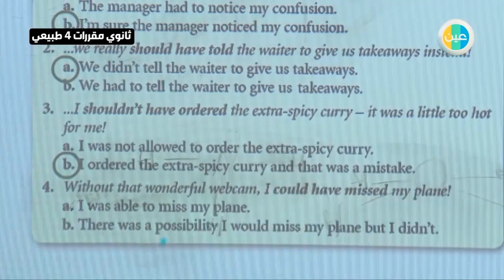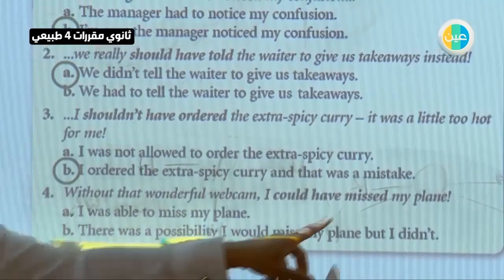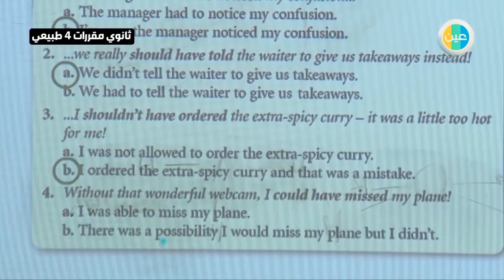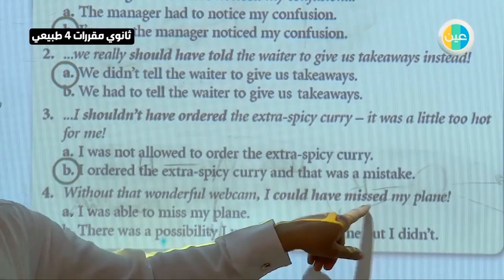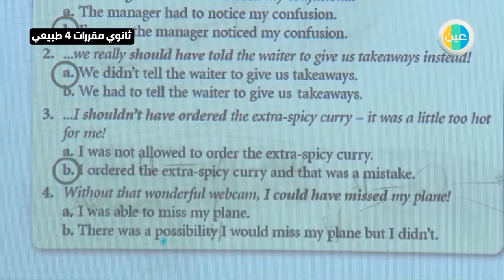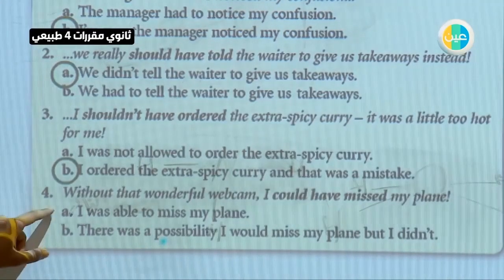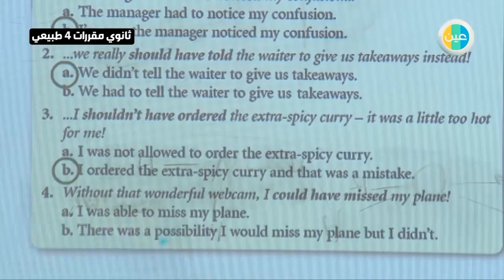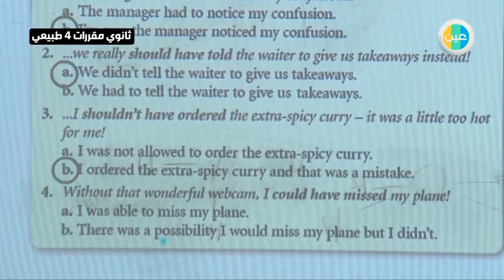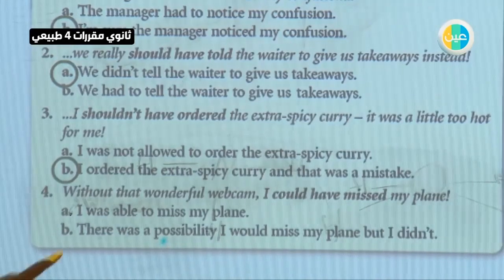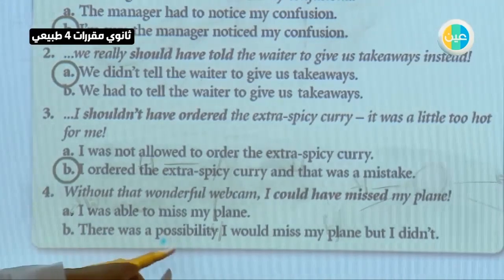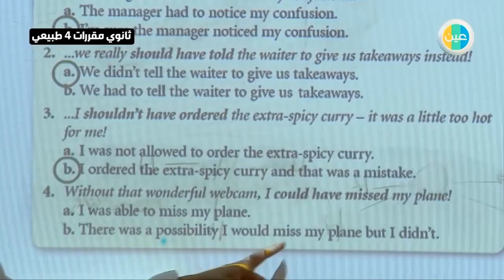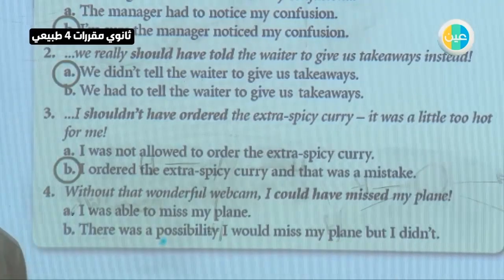Missed is the past participle from the verb miss, but we added ed to make it a past participle. What are the choices? A, I was able to miss my plane. Or B, there was a possibility I would miss my plane, but I didn't.